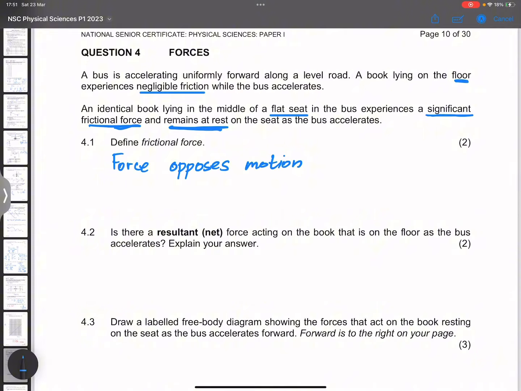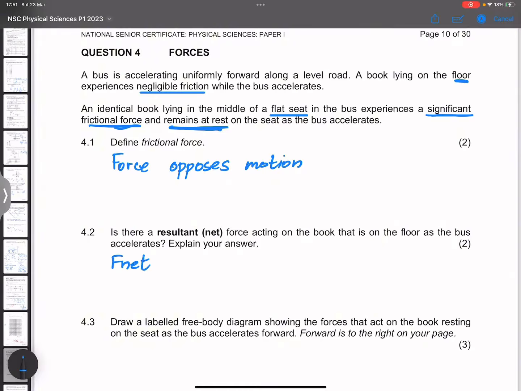Now, they say to us, is there a resultant force acting on the book that is on the floor as the bus accelerates? So remember, because there is no frictional force, there is no net force in this case.